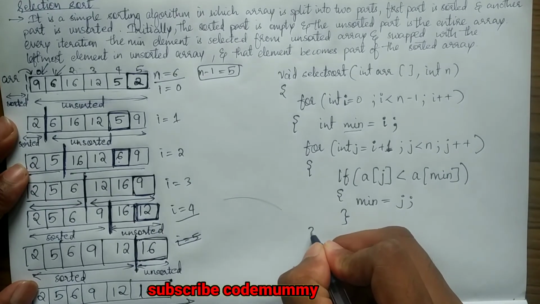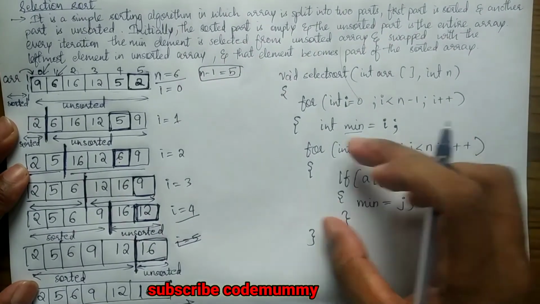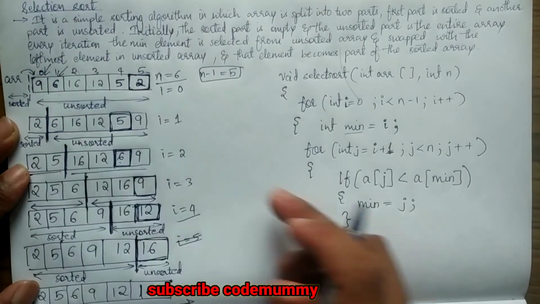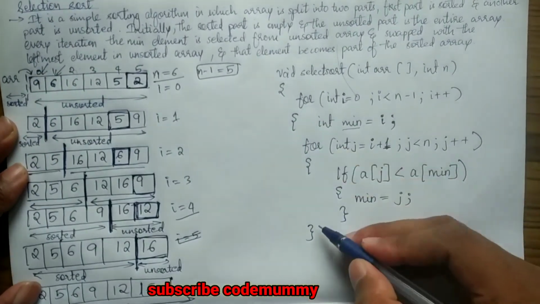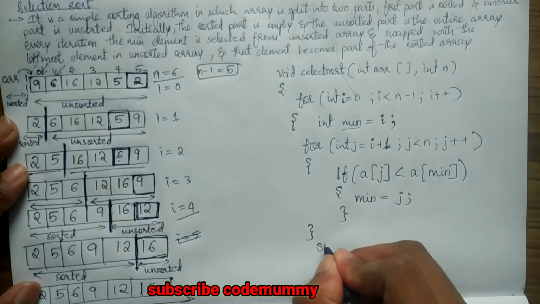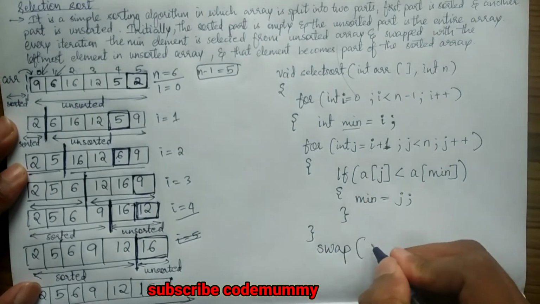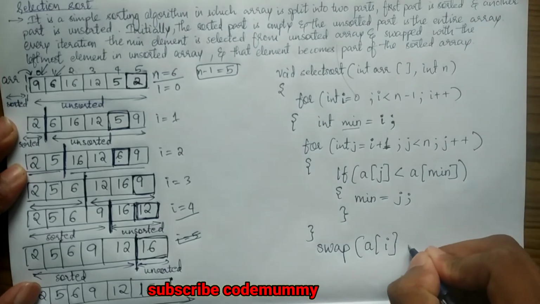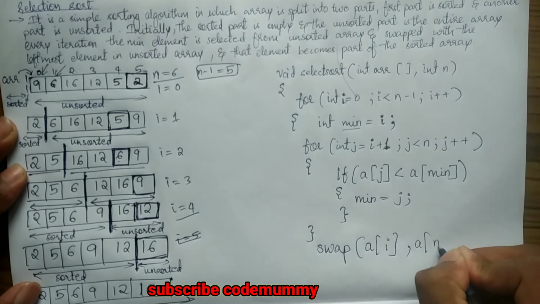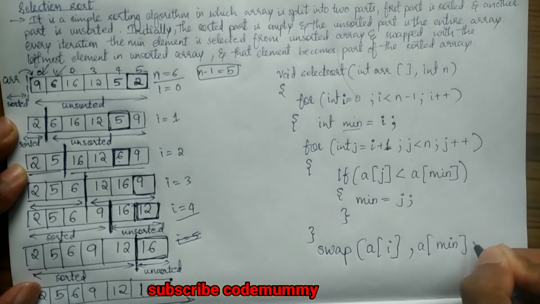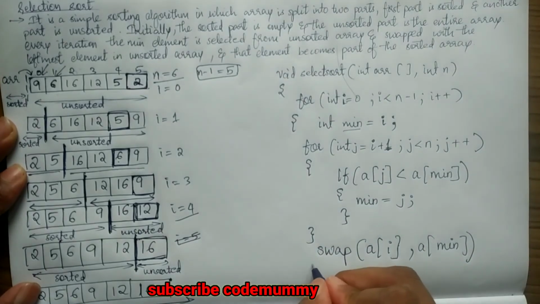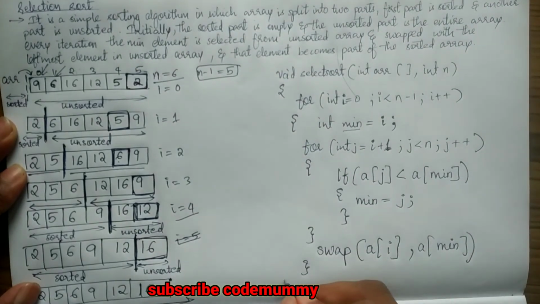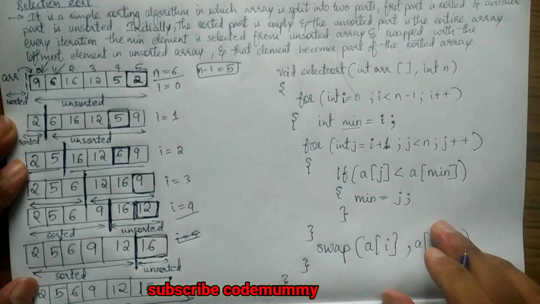And after that, we'll find the minimum element in the whole array, and after ending the inner for loop, we'll swap the a of i with the minimum element and close the outer for loop and the whole function.